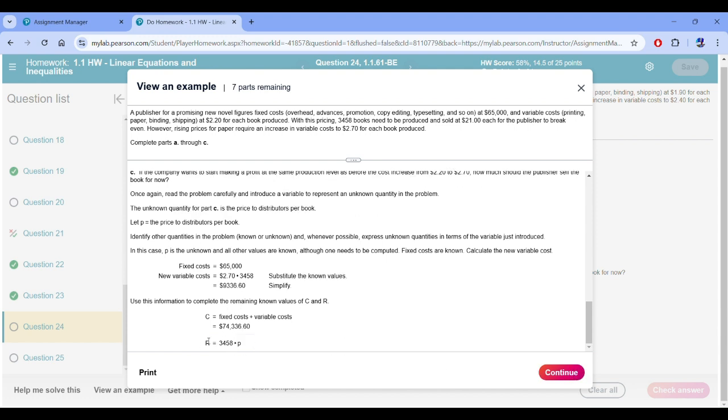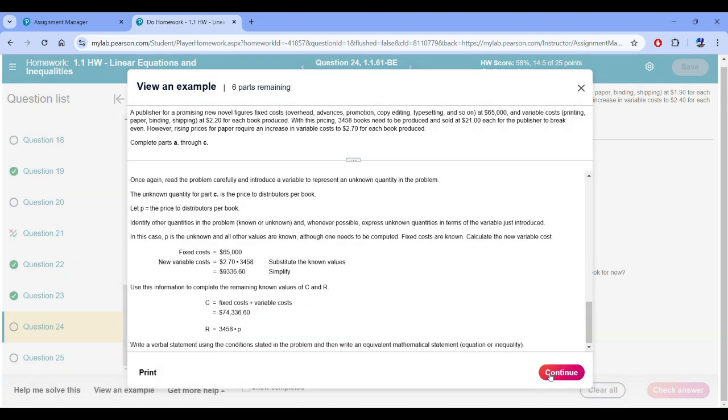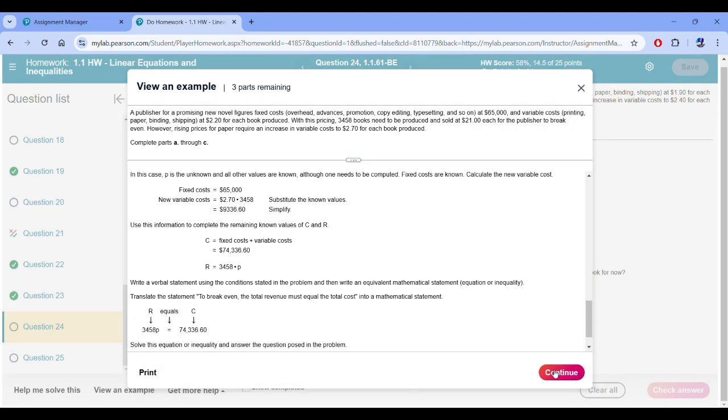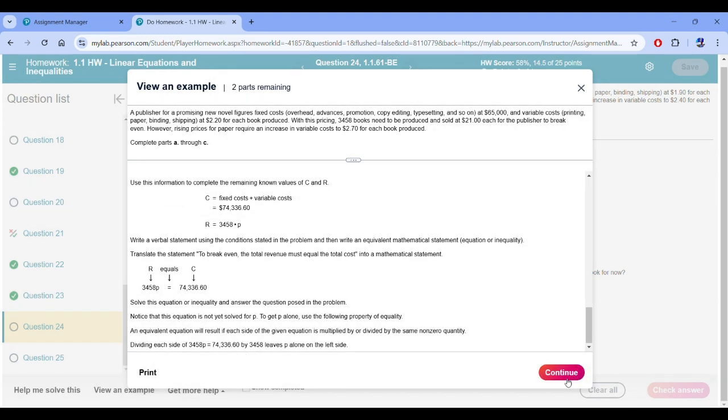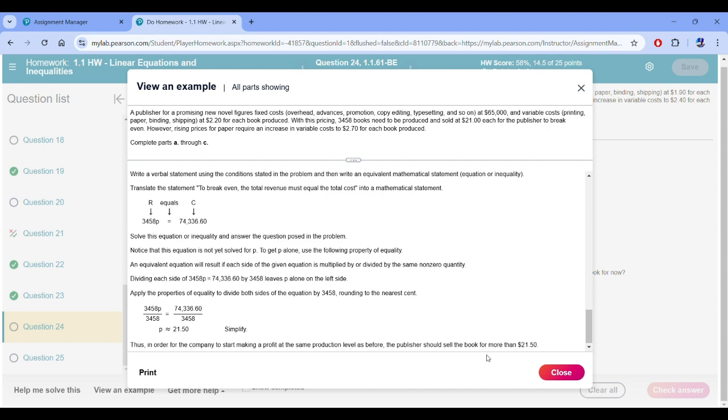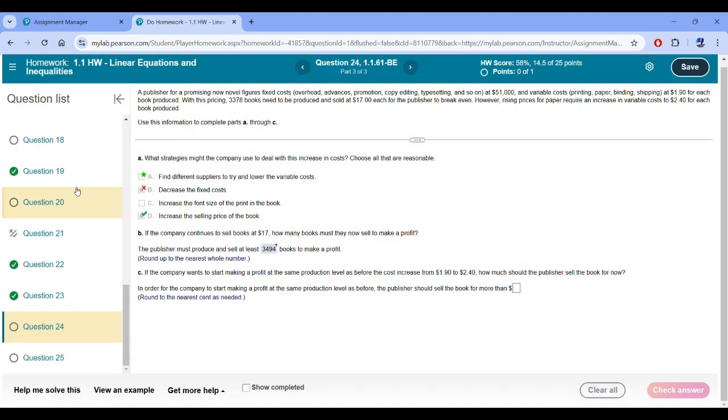Then your revenue is that many books times that price, setting them equal to each other, dividing both sides, and we get that you have to have $21.50 in order to break even. Yeah. And that would be this problem.